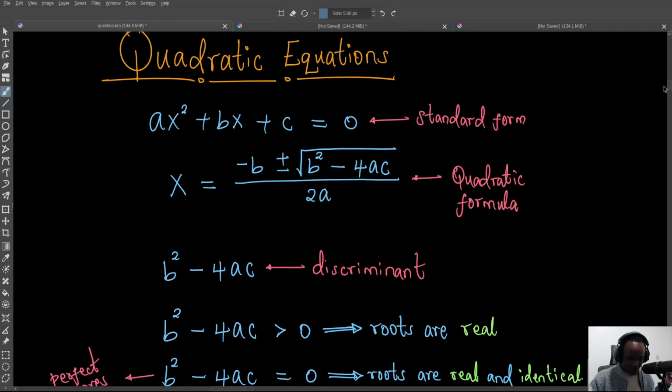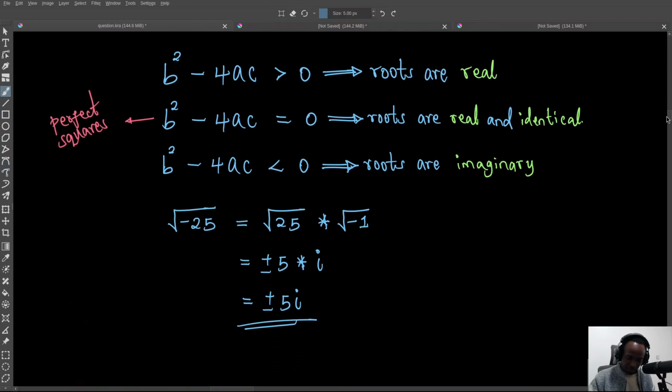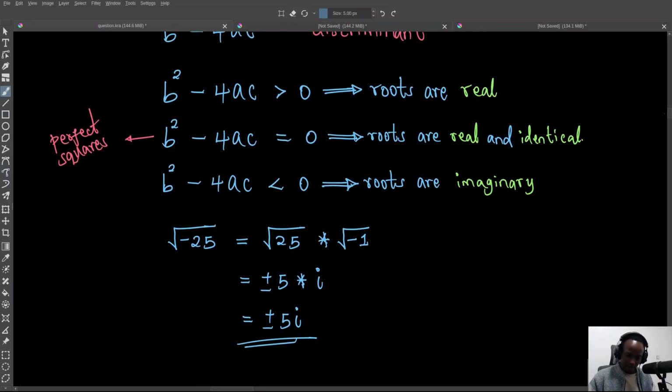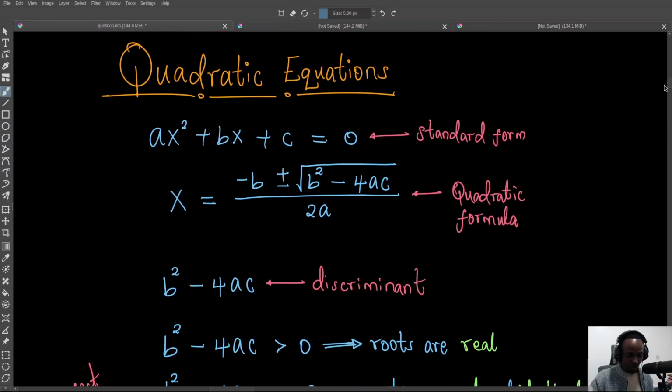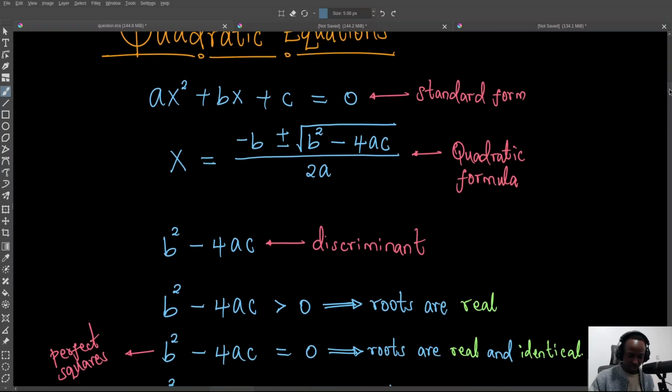And moreover, in that case, when the two roots are identical, the solution for the quadratic equation is always going to be negative b over 2a. So for this one, well, actually, you don't need to write it. We just know that when it's a perfect square, we are always going to have negative b over 2a. Yeah, so I think I've talked enough about this.